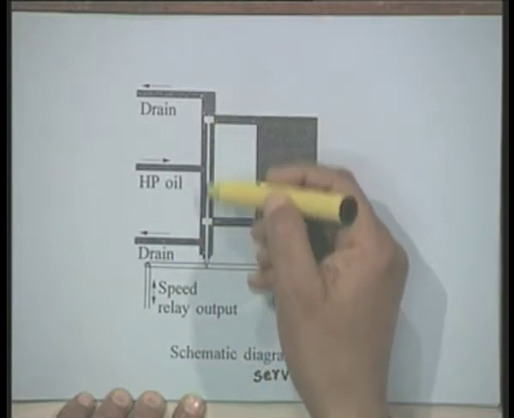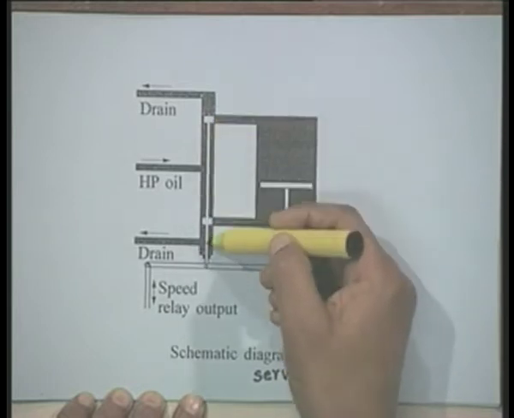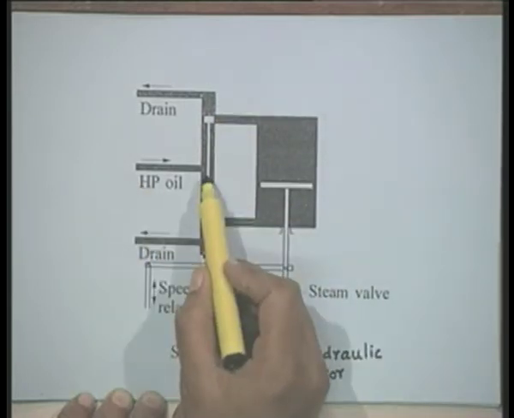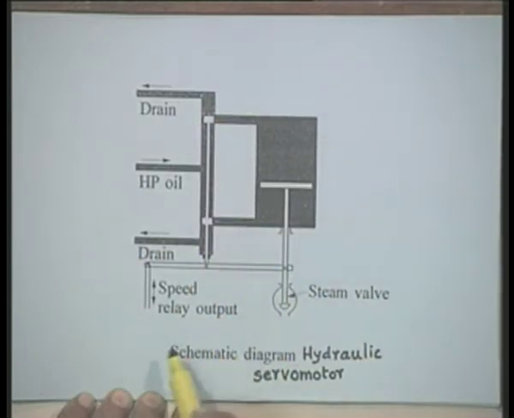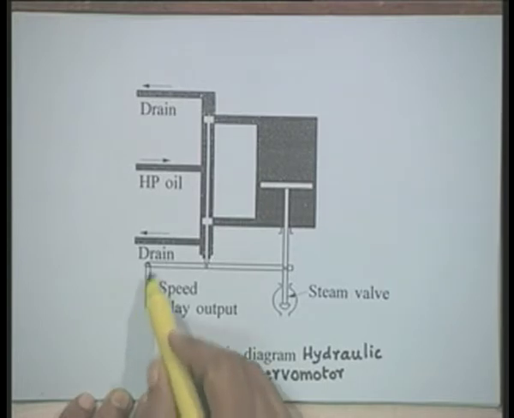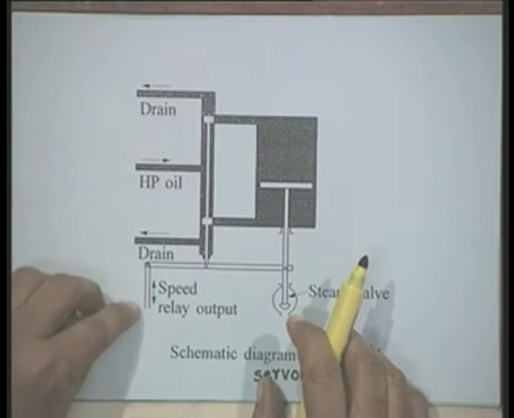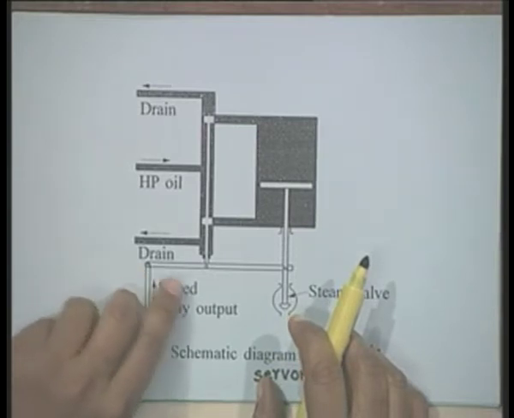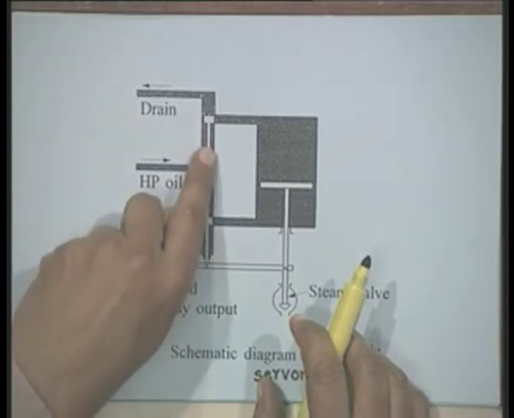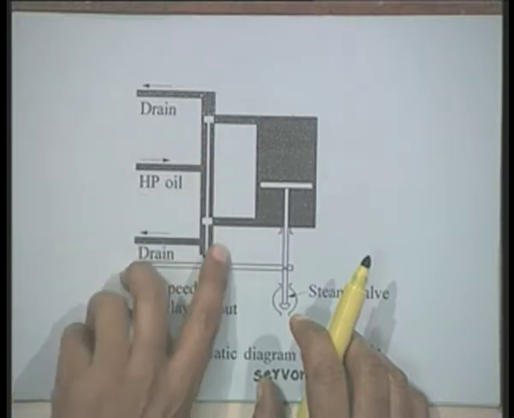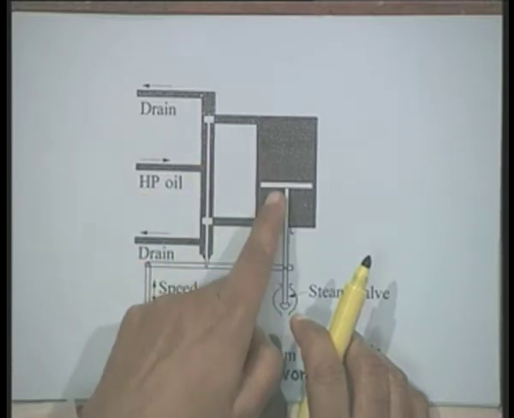You have these pilot valves, high pressure oil comes here, right, and this linkage shows the connection to the speed relay, right, and you can easily see that when this lever moves up, this pilot valve goes up, it opens this and the oil can come down.